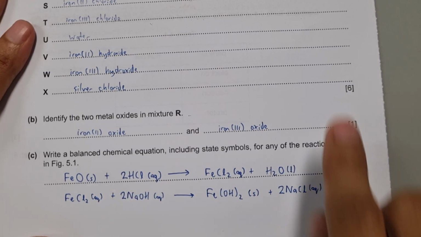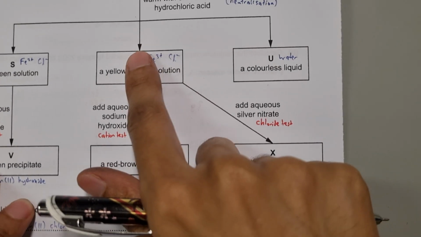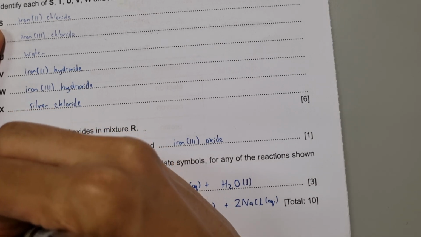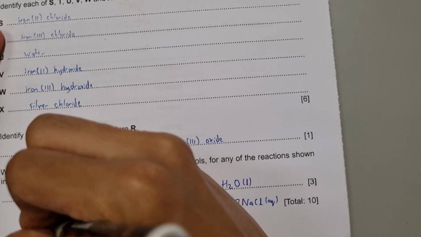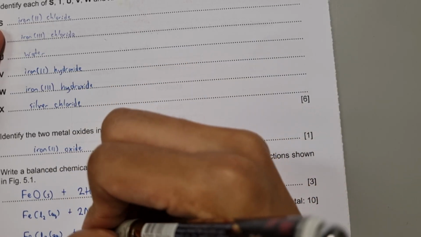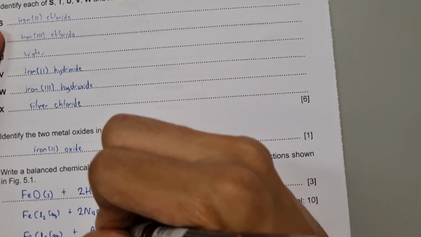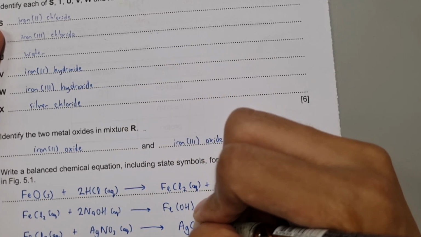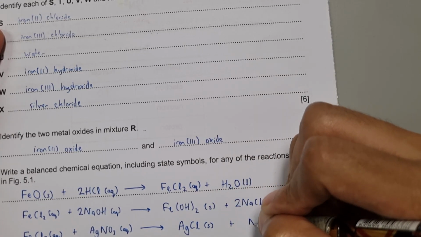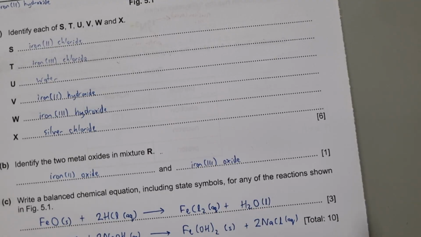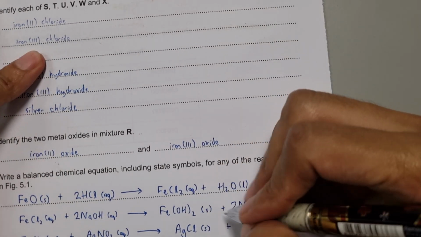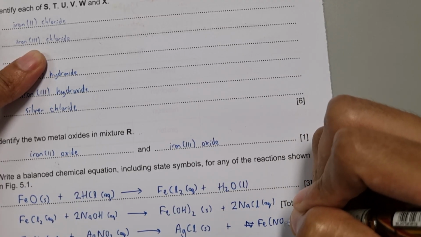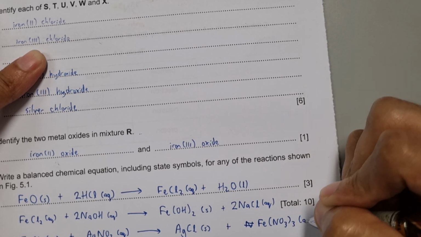Maybe one more, for the iron 3 reacting with silver nitrate. So I have silver nitrate. This is another precipitation reaction. You get silver chloride, solid, and iron 3 nitrate.